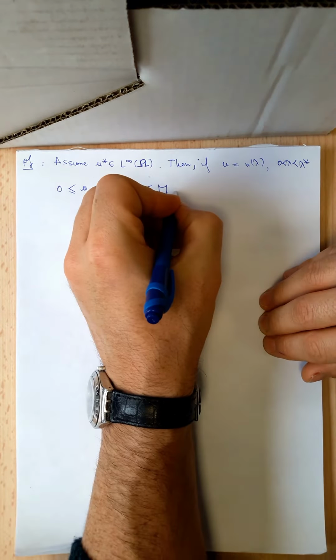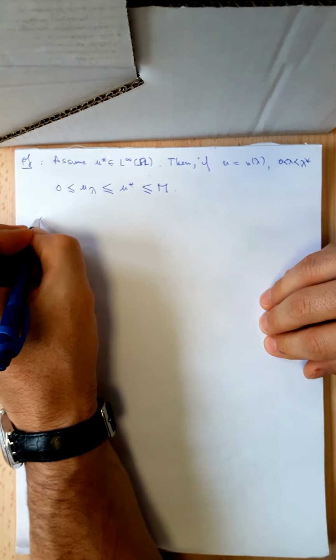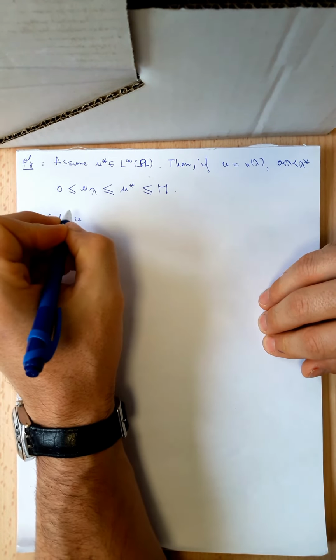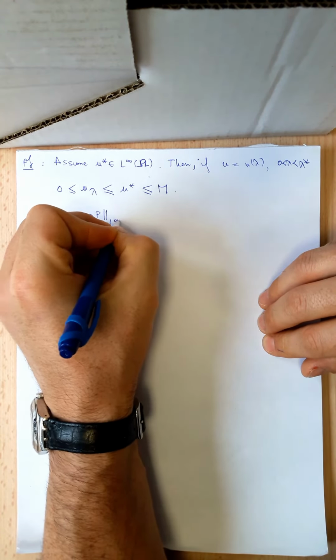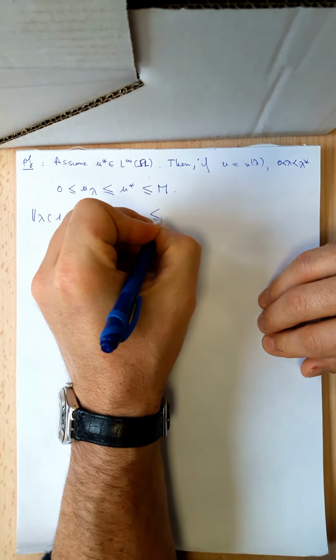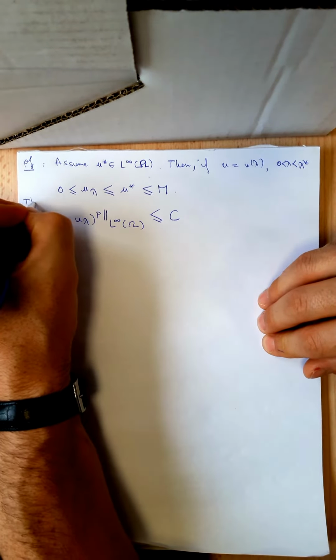Okay, so this we know. And as a consequence, the right-hand side of the elliptic equation is going to be bounded. That's easy. We can say a little more.